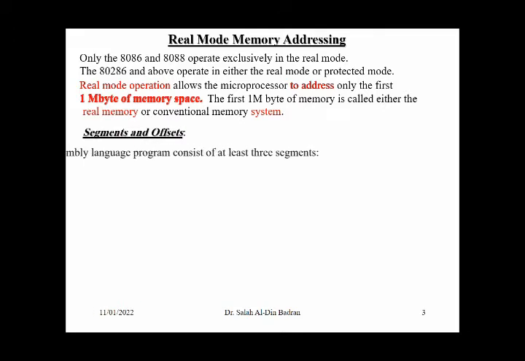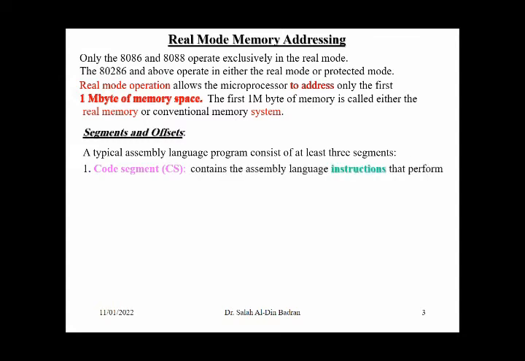Segments and offsets. A typical assembly language program consists of at least 3 segments that we saw in the previous slide. The first one is the code segment, CS, that contains the assembly language instructions that perform the tasks that the program was designed to accomplish.